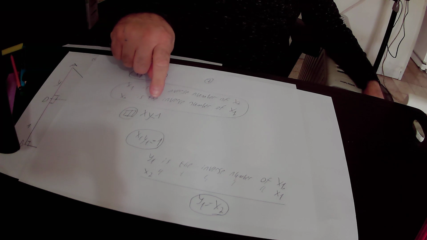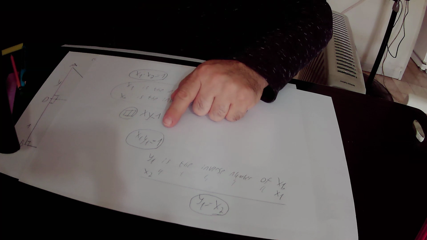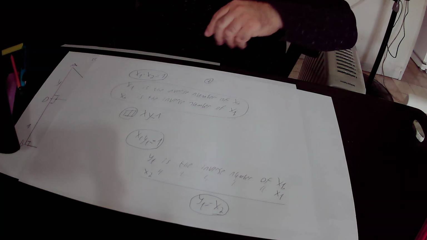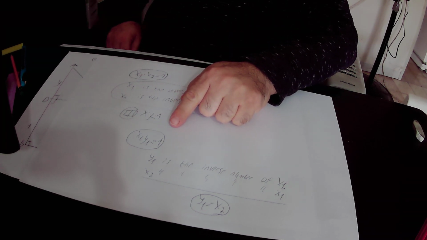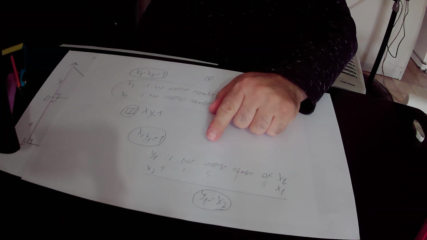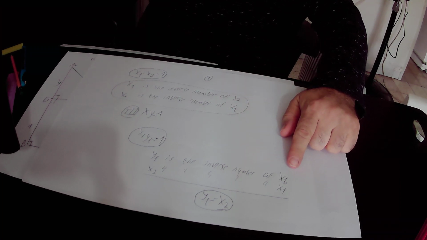So if we put the solutions inside equation number 3, with x equal to x1 and y equal to y1, we'll get that x1 times y1 equals 1. Because x1 times y1 equals 1, it means that y1 is the inverse number of x1.